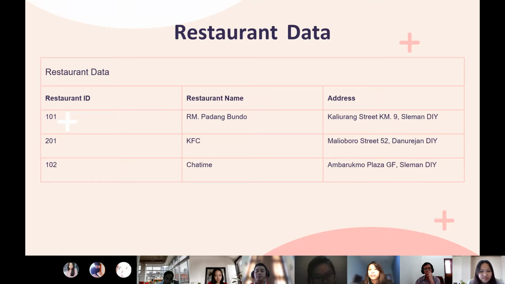Restaurant ID is made from the code of the region and the order in which the restaurant signed up as a partner with GoFood. The first number identifies the district: one is for Sleman and two is for Danurejan. The last two digits show the number of the restaurant based on their register time. And the next one is the menu list.